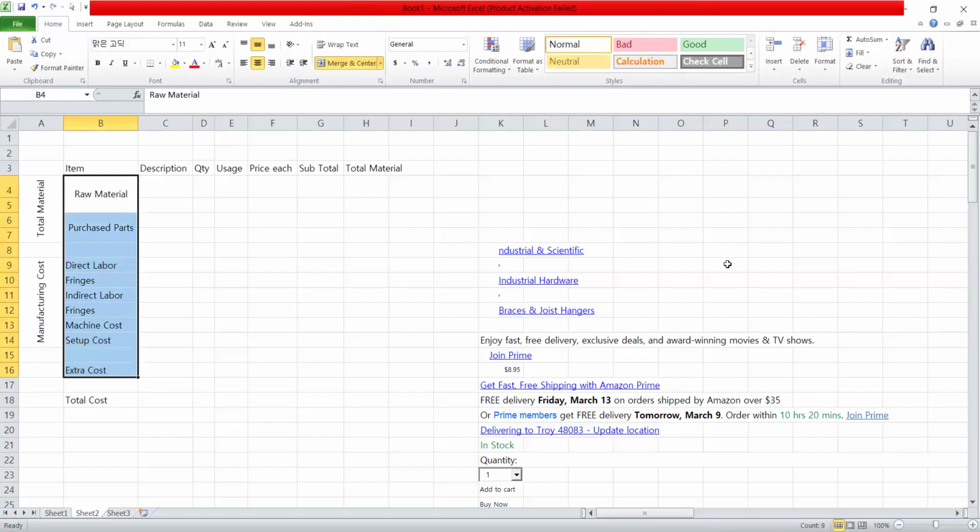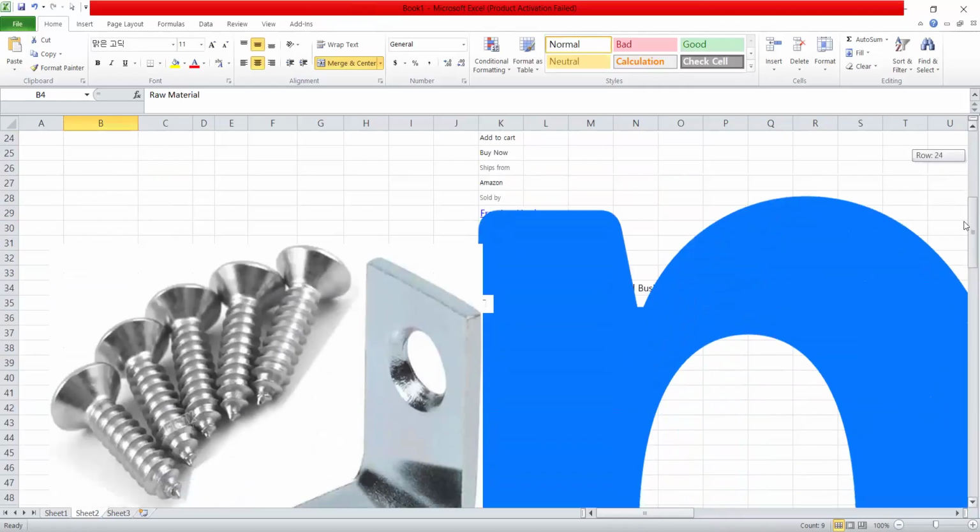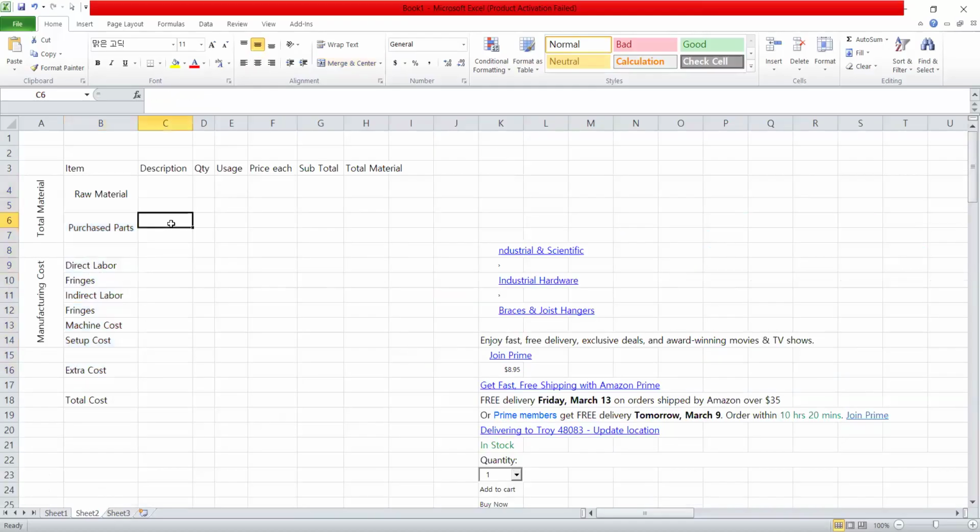So if we have this picture, in this case, these screws you can easily find from the hardware shop, so you are not going to manufacture those. You will just go and buy each screw for 5 cents. How many screws do we have? 1, 2, 3, 4, 5. So in material you have two portions: purchase parts, which you can buy directly from the dealer or the hardware shop or any shop, in standard sizes.